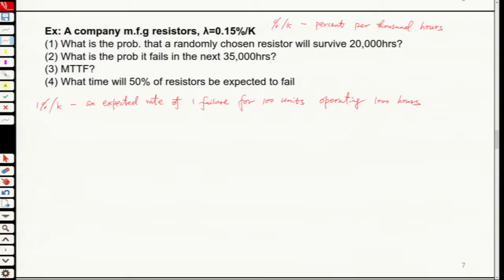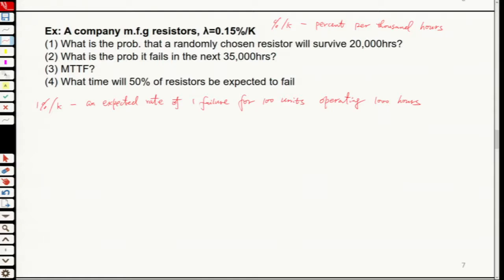So the first question, what is the probability that a randomly chosen resistor will survive 20,000 hours? We were given lambda, and obviously they were assuming an exponential distribution here. This is R(t).